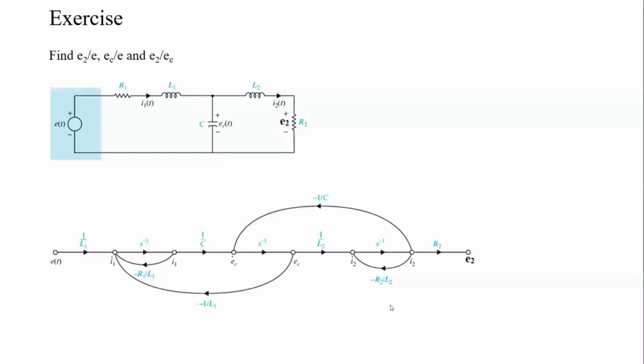Write the equations for the above given RLC circuit, then verify with the SFG given. Find out E2 by E, EC by E, and E2 by EC.